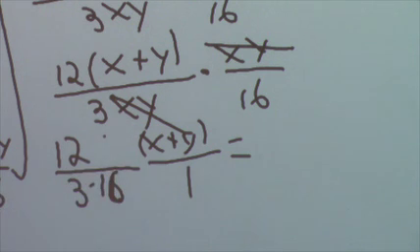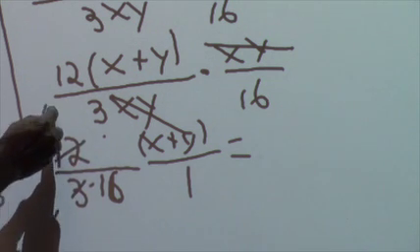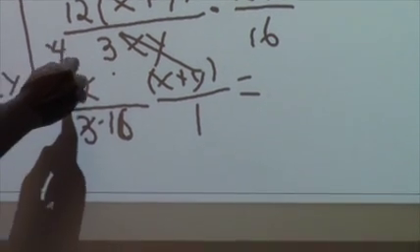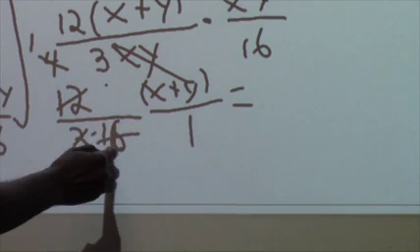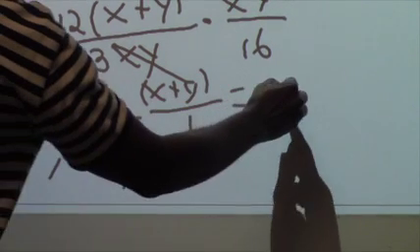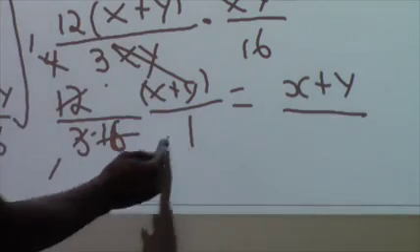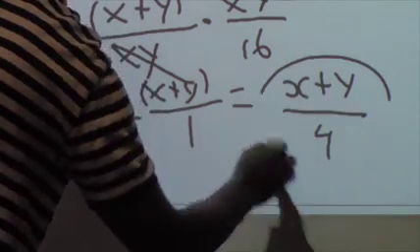I can do some cancellation over here. I can divide 3 by itself 1 time, 3 into 12 4 times, 4 into itself 1 time, 4 into 16 4 times. So for my answer, in the numerator I'm left with x plus y, and in my denominator I'm left with 4 times 1, that's 4.